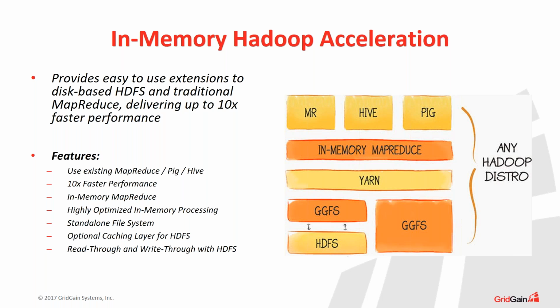Essentially, we can provide an extension to move your disk-based Hadoop data, either move it entirely into memory or simply use our in-memory MapReduce for performance gains as well. And you'll get read-through and write-through to your Hadoop installation.